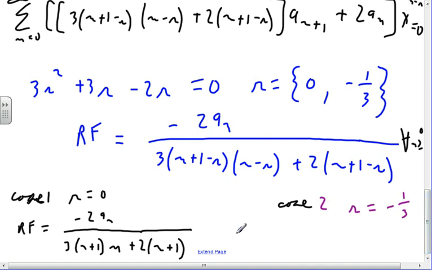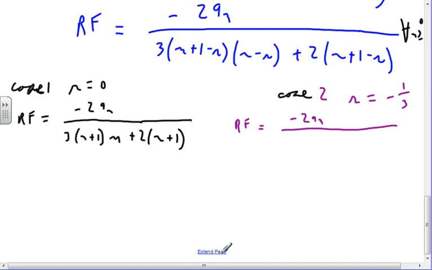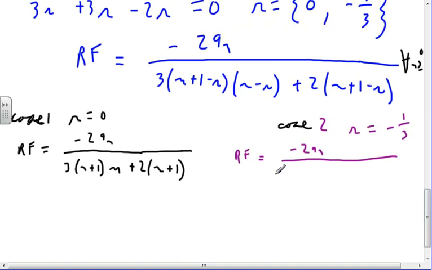Okay, so recurrence formula, minus 2an divided by 3 times n plus 4/3, times n plus 1/3, plus 2 times n plus 4/3.